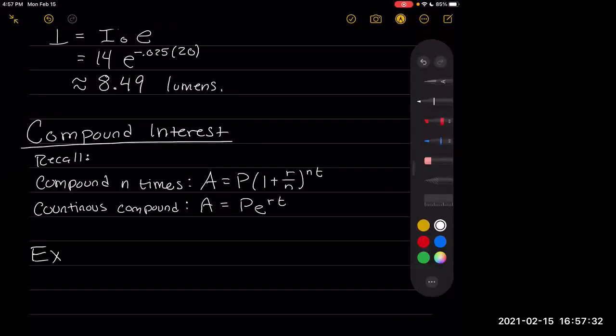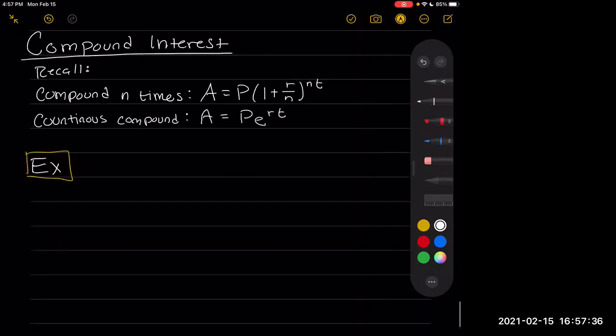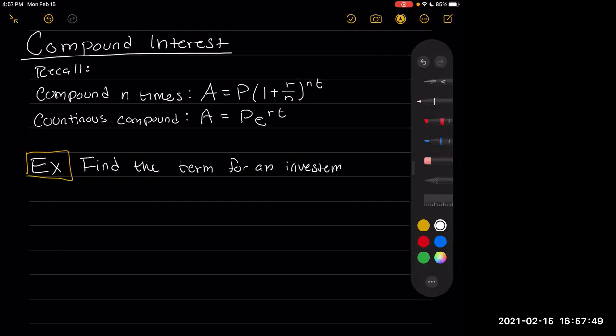So our example, we're going to find the term for an investment to double a sum of $5,000.